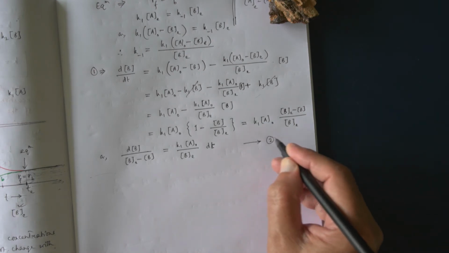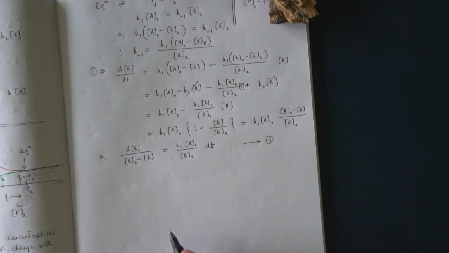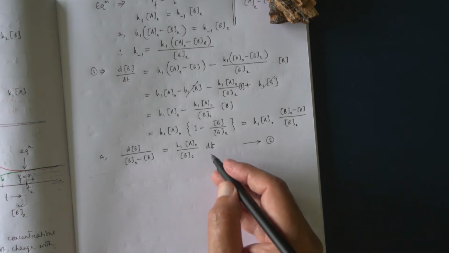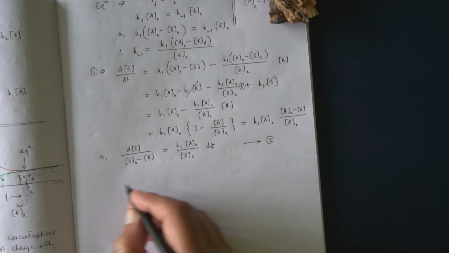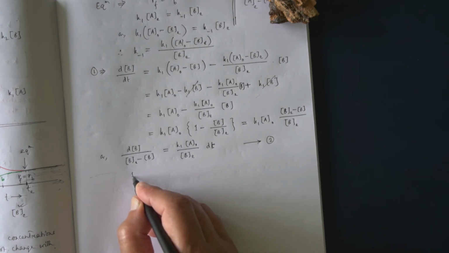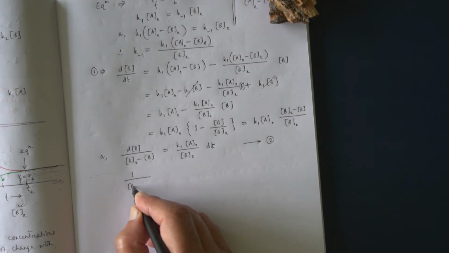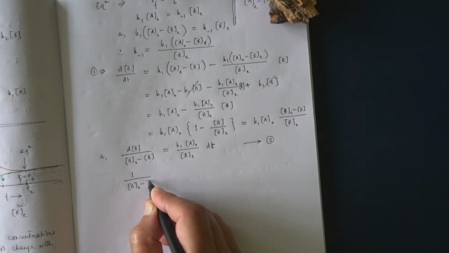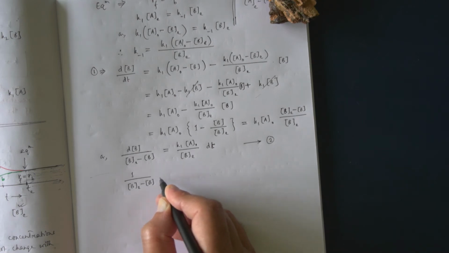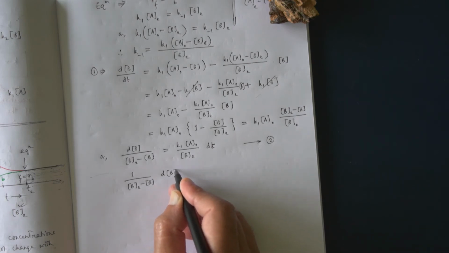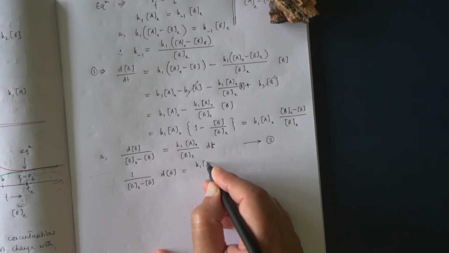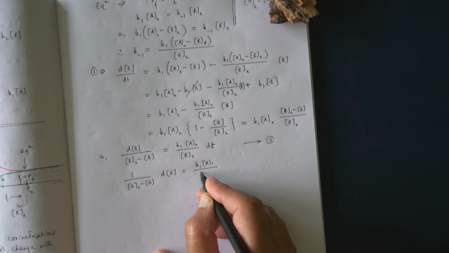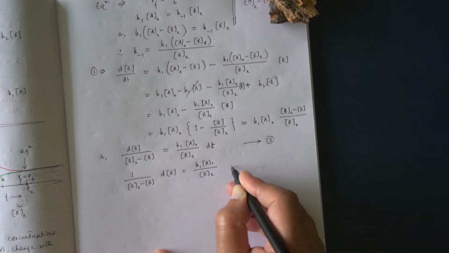Now as before we have to do the integration. This is the number 2. Okay, so how to do the integration? Let me write it like this: 1 by (be minus b) db equal to k1 a naught by be dt.